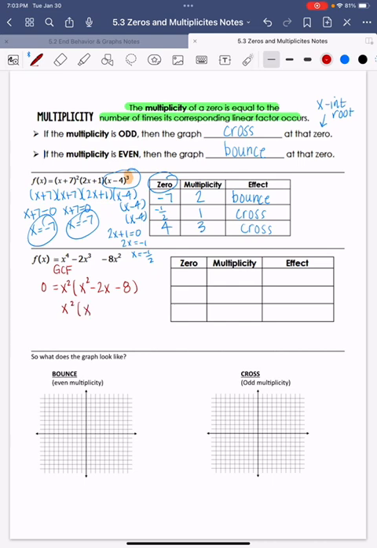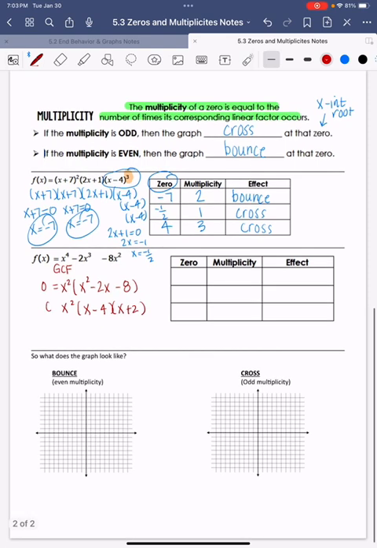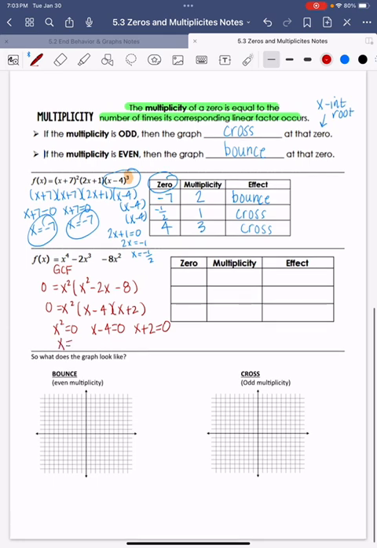I'm going to skip the diamond. I think that hopefully we can start skipping the diamond soon. And I'm going to set it equal to 0. x squared equals 0. x minus 4 equals 0. x plus 2 equals 0. So we're going to get x equals 0 with the multiplicity of 2, because it's squared.